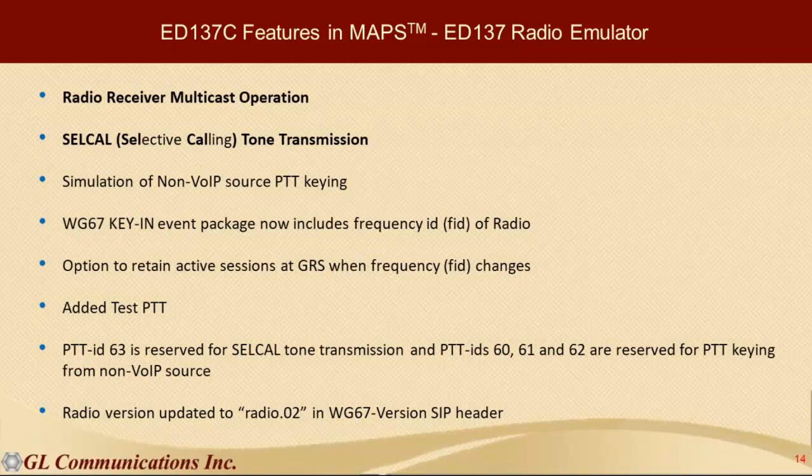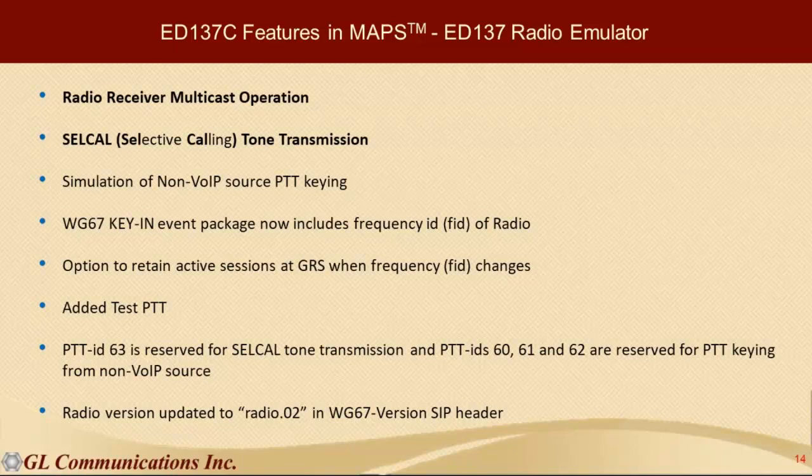And the second one is SELCAL tone transmission. In this case, the controller sends a 4-digit code using the SIP INFO message before activating PTT to a particular aircraft, which is identified by that code.